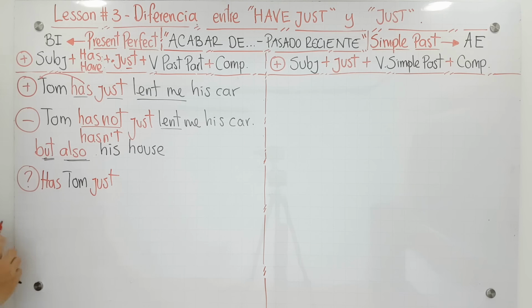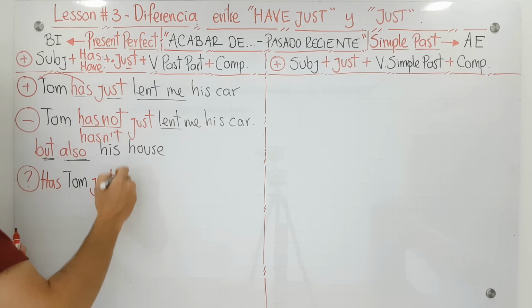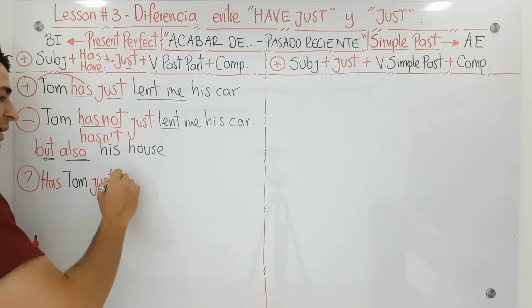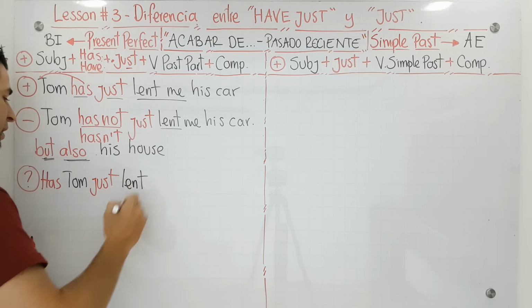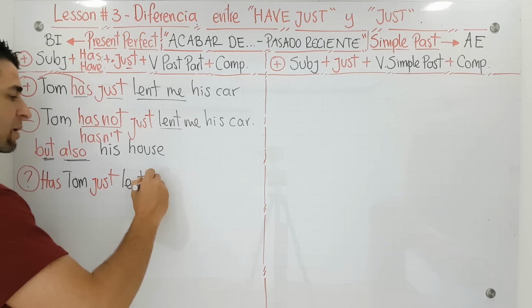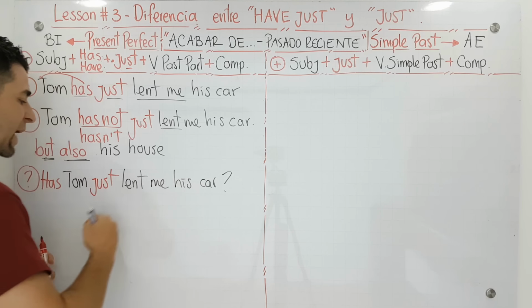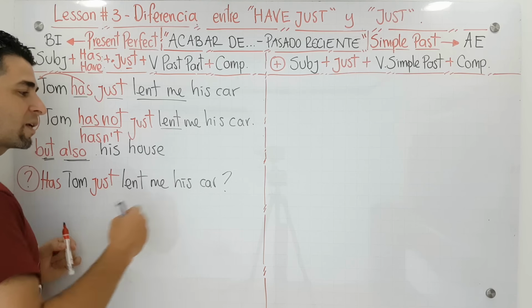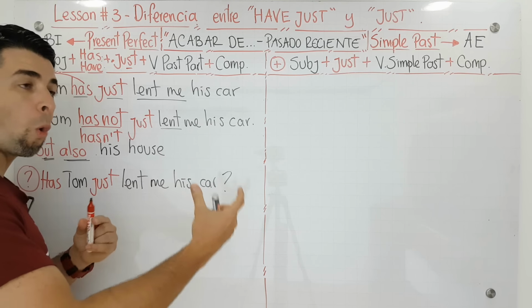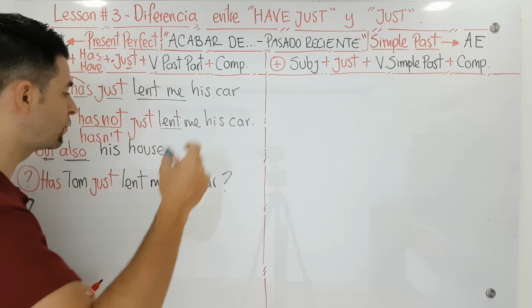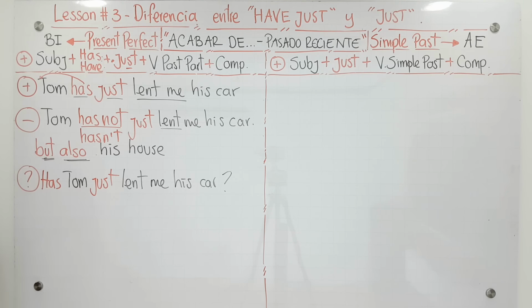Has Tom just, and then what? Then the verb in a past participle form that is lent. Yes. ¿Qué decimos entonces? Has Tom just lent me his car? ¿Qué estamos preguntando? ¿Me acaba Tom de prestar su carro? ¿Sí? Prácticamente es como una autopregunta, así que tengamos mucho cuidado en las respuestas que vamos a dar.